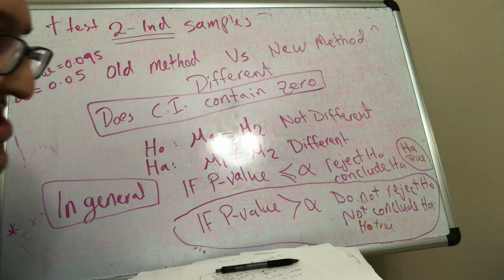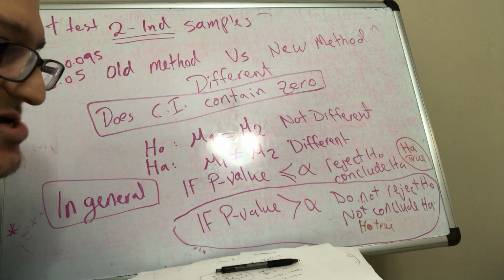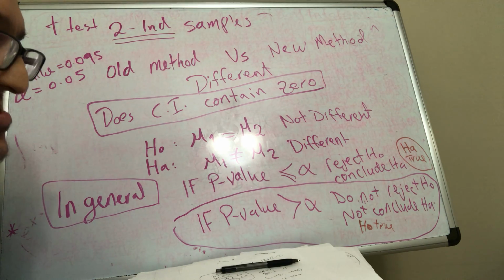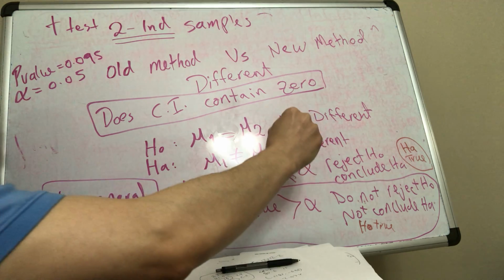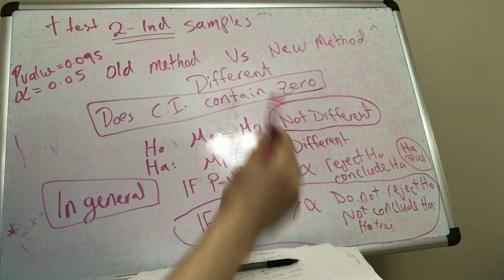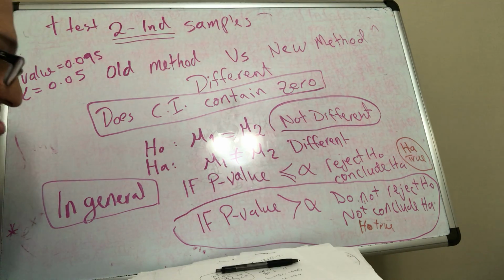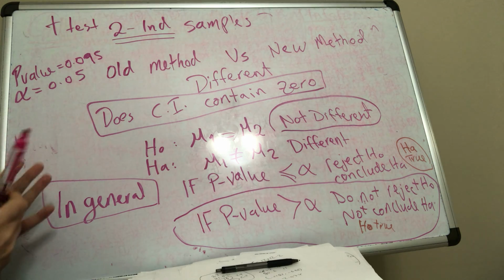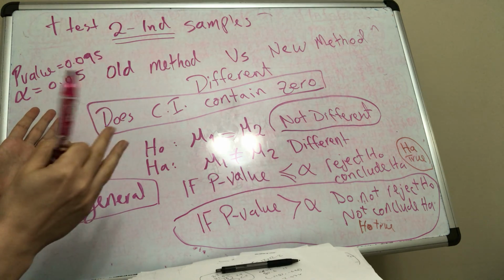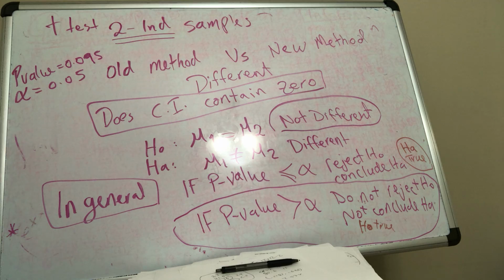So you're not rejecting H0, you're not concluding HA, H0 is true, meaning that they're not different. So that's what we have using hypothesis analysis. We know that the two groups are not different.